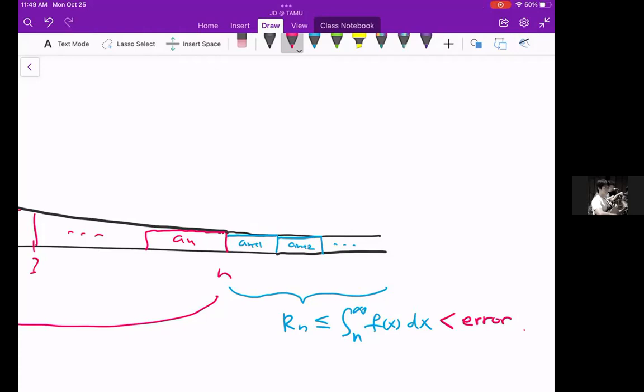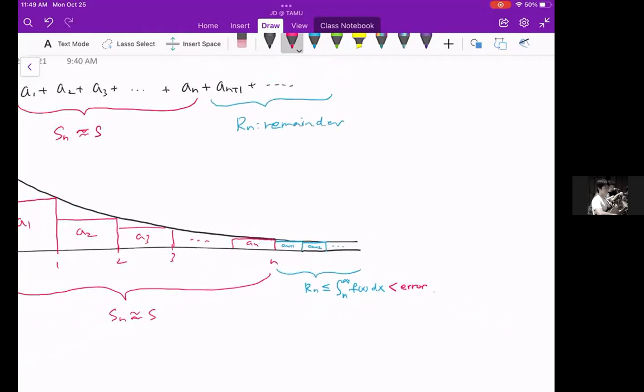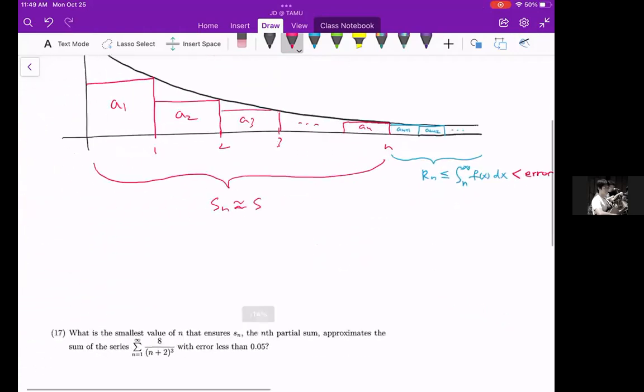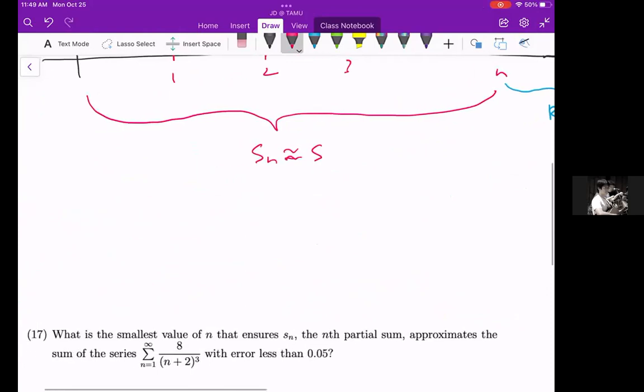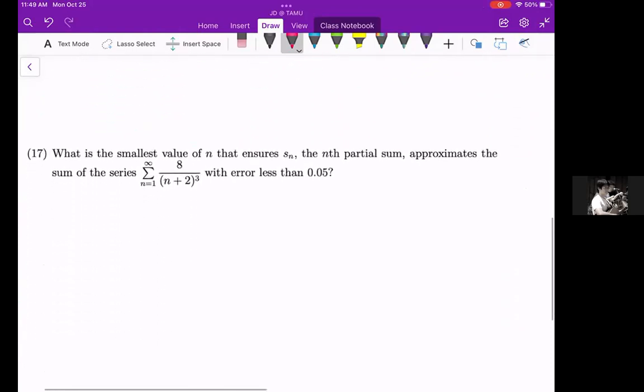So let me give you one example for this. Here we go. What is the smallest value of n to be sure your sum of the series has error less than 0.05? So basically we're going to use the first n terms, S_n, as the approximation, and we will talk about the tail from n to infinity as the remainder, and we're going to set that less than 0.05.